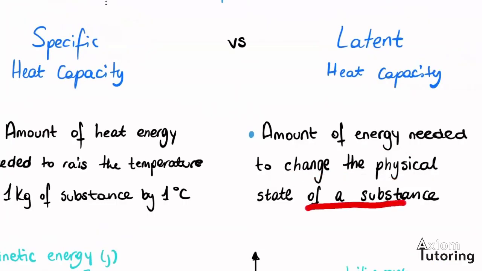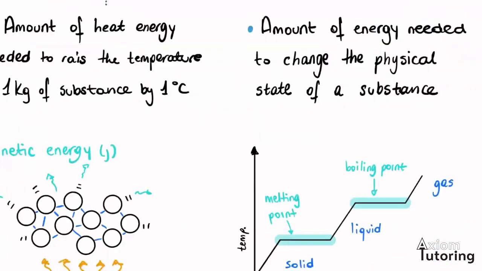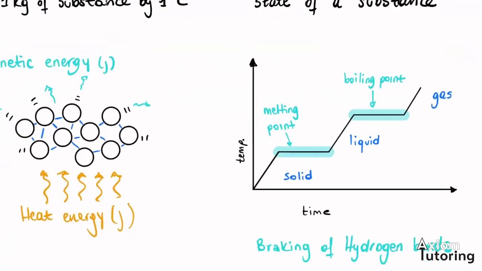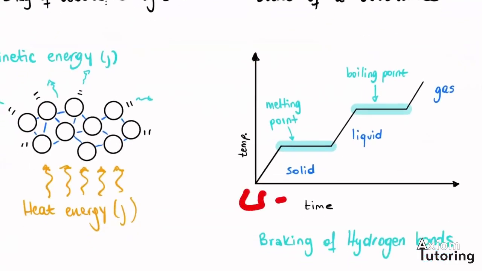So if we were to plot a graph of temperature over time, and we were to try and melt an ice cube into water and then evaporate it, we would see something like this, where the temperature starts increasing and then it plateaus before it starts increasing again, and then there's another plateauing effect and then another spike in temperature.